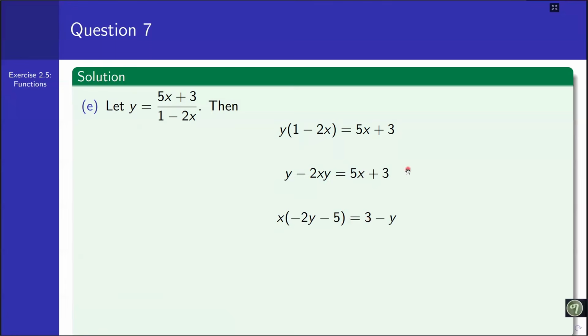We have 3 minus y. Dividing both sides, x could be (y minus 3) over (2y plus 5). If we factor out the negative at the common factor, negative over negative becomes positive, so that x is (y minus 3) over (2y plus 5). Therefore f inverse of x could be (x minus 3) over (2x plus 5).